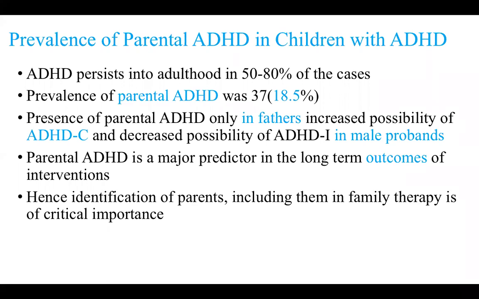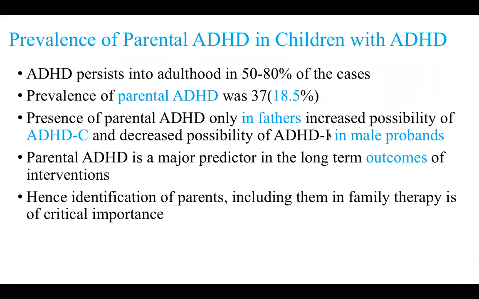And if you have a parent with ADHD who is prone to anger outbursts, temper tantrums, then you need to not only do the CBT or behavioral therapy for the child, but also sometimes for the parents too. So it is almost like a family therapy, and the outcomes majorly depend upon knowing the family, whether there is a parental ADHD existing.